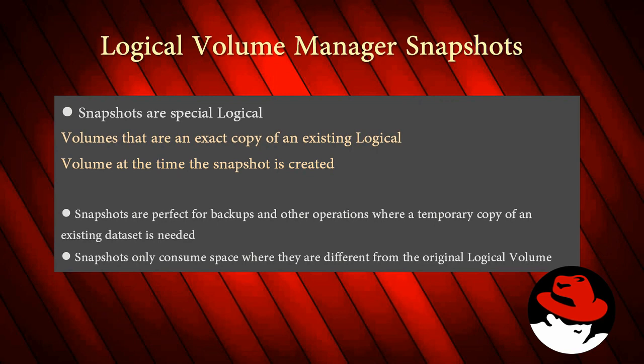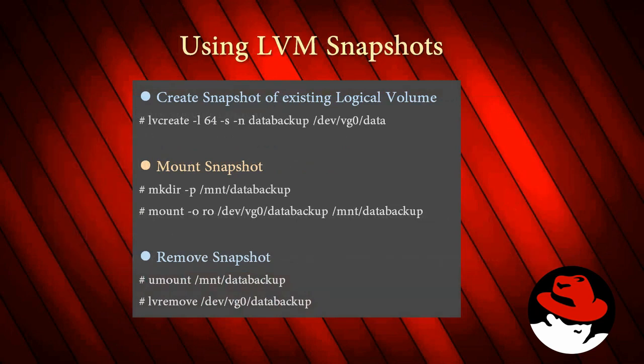A temporary copy of an existing data set is needed. Snapshots only consume space where they are different from the original logical volumes. They do not create redundant data, only the unique data. You can use LVM snapshots to create a logical volume from logical volumes.